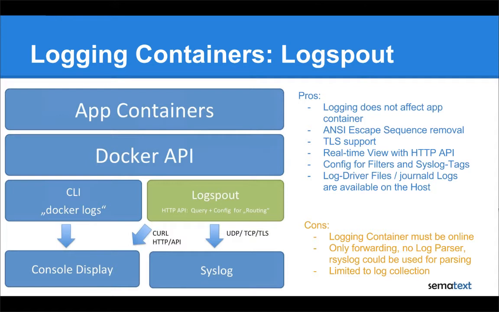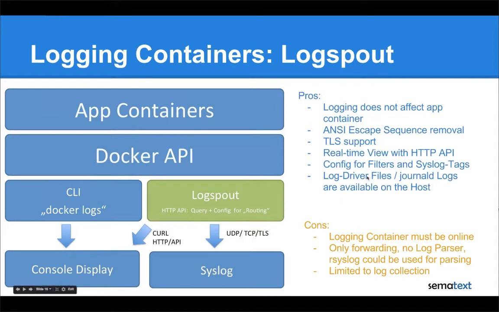Your container starts, makes some output, and the Logspout container is listening to the events from the API and can forward the events to a syslog server via UDP, TCP, or TLS.